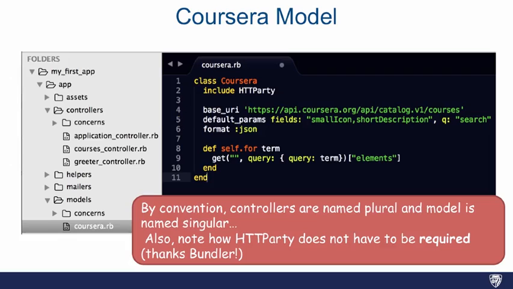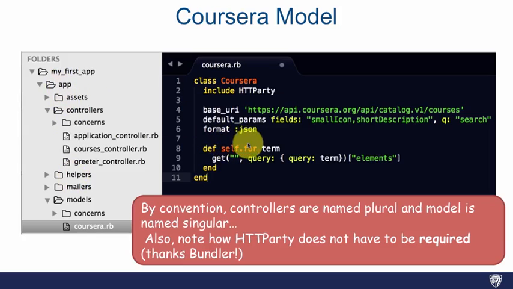And now we're going to have a model. So we could just create a new file called coursera.rb in the models folder, which is located under the app folder of your application.